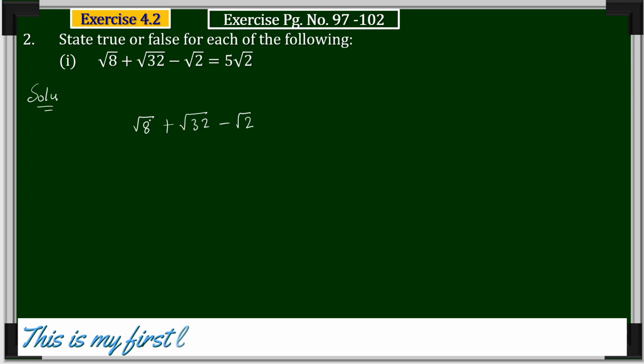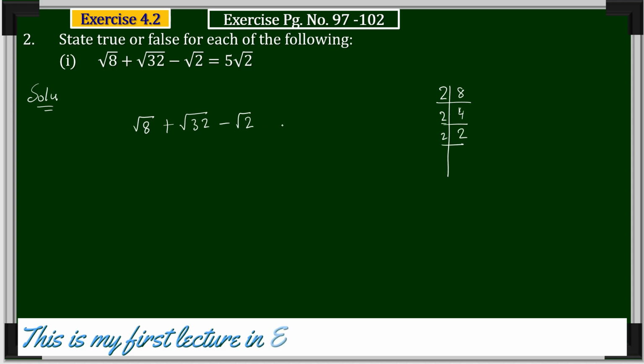When we check it, square root 2, we have to convert it into mixed form. How can we change it? So first of all, factorize 8. It can be divided by 2 four times. 4 can be divided by 2 two times, and 2 by 2.